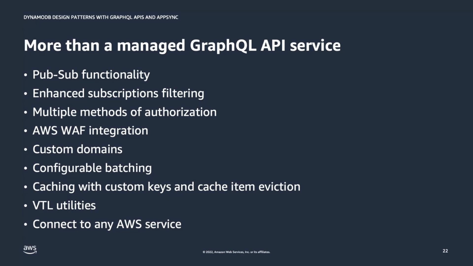And at the end of the day, you can connect to any AWS service. So you can use AppSync to connect to any AWS service in your AWS account. AppSync essentially becomes the gateway to all of the data sources, all of the functionality that you have in your AWS account. So more than a GraphQL API service, there's a ton of functionality and a ton of features that you can implement using AWS AppSync.